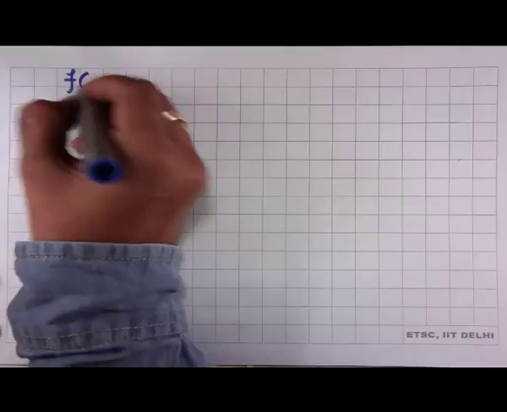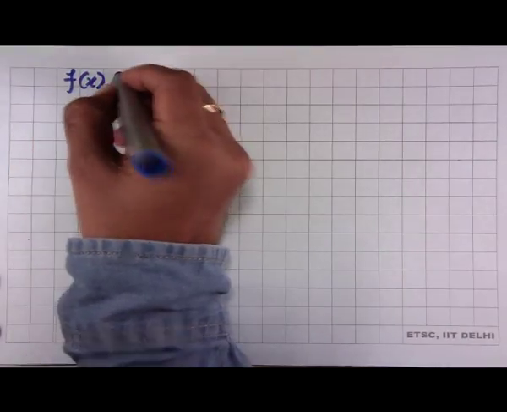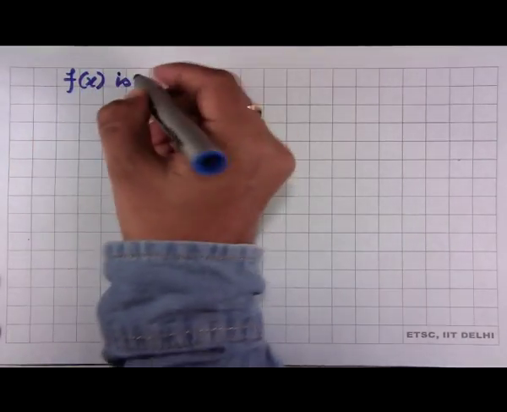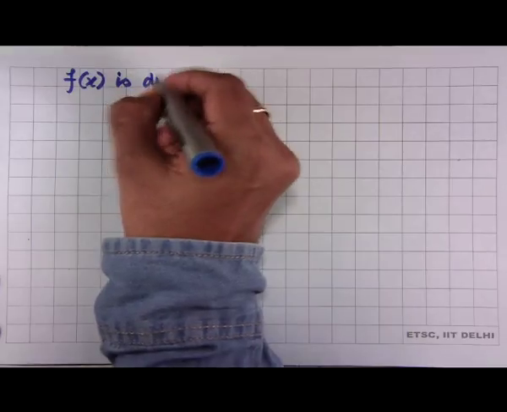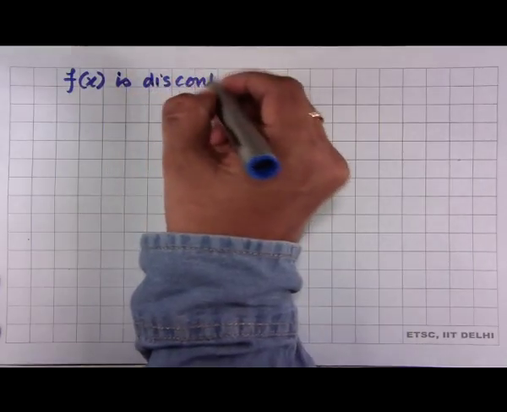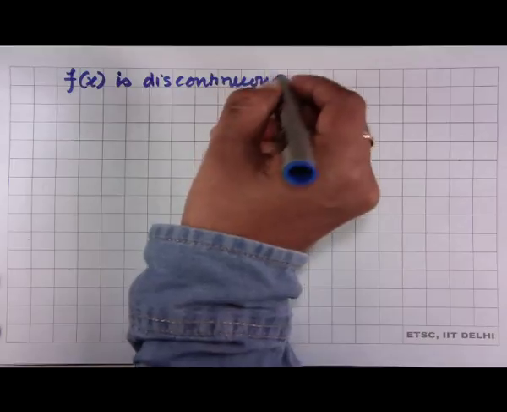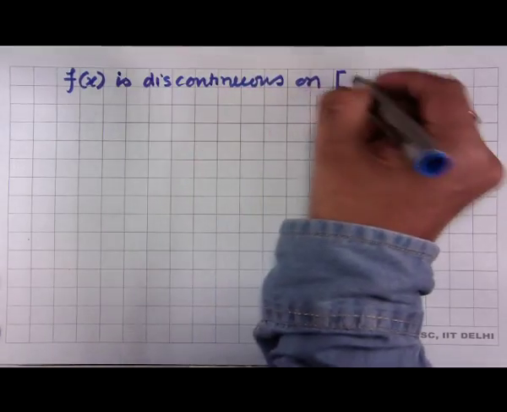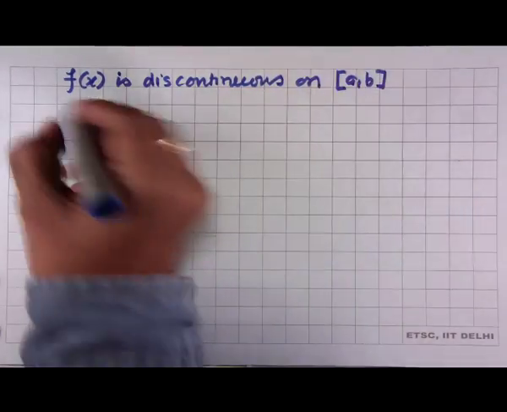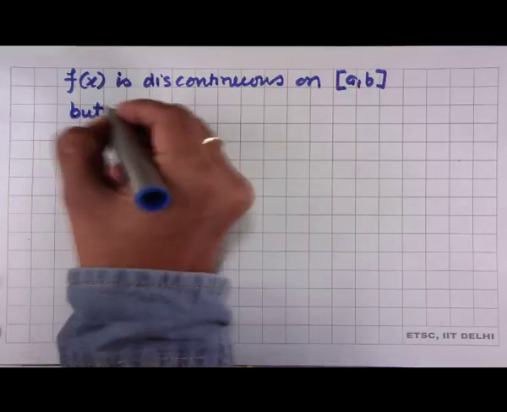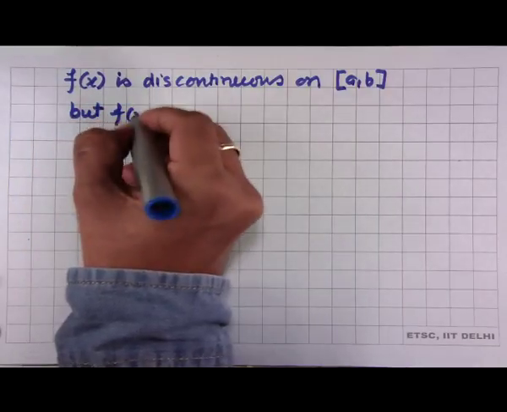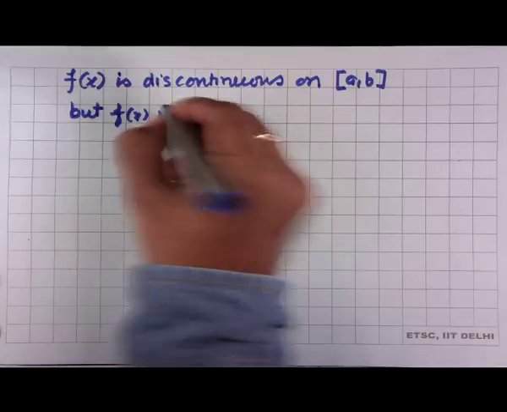For that, let us take the case where f(x) is discontinuous on the interval [a, b], but f(x) is piecewise continuous.